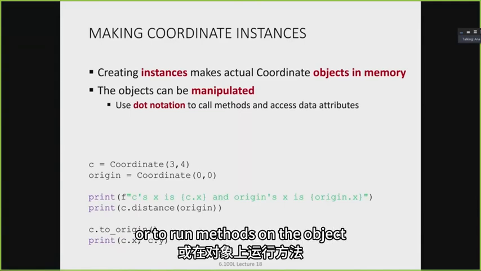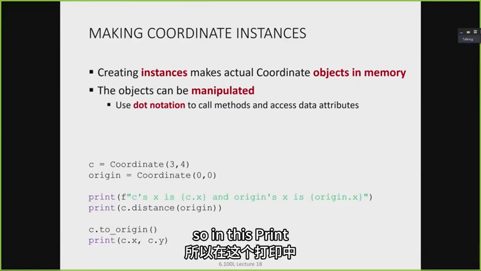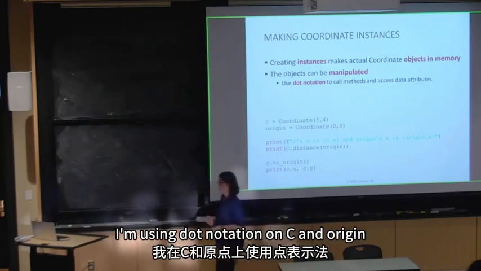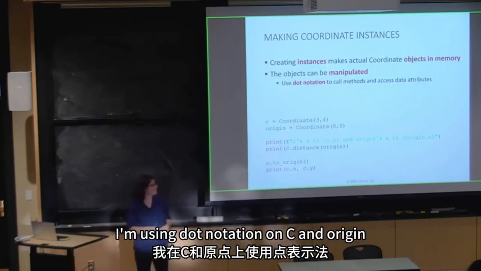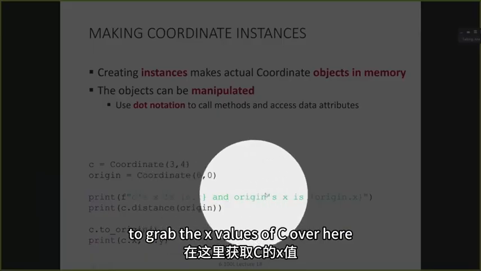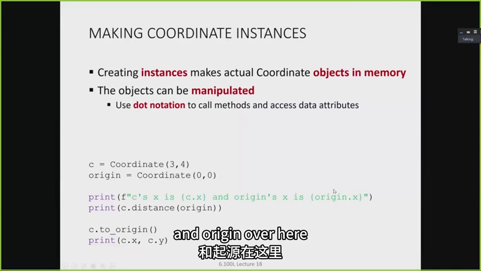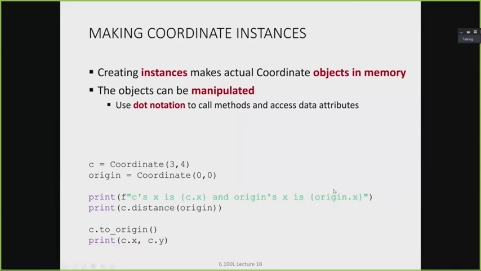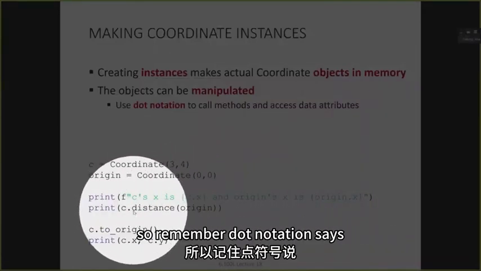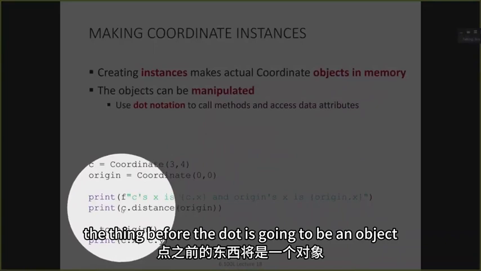Okay. So then I can use this dot notation that we talked about last lecture to access either data or to run methods on the object. So in this print statement here, I'm using dot notation on c and origin to grab the x values of c over here and origin over here. And then I'm running the distance method on c. So remember, dot notation says the thing before the dot is going to be an object.